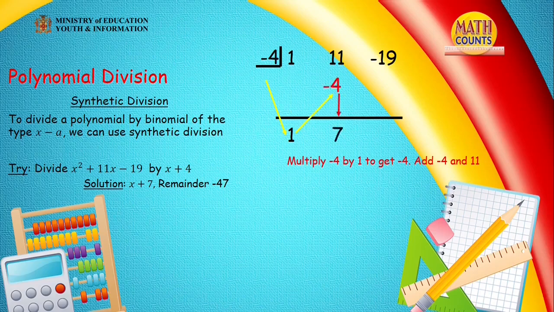And then we add negative 4 and 11 to get 7. Let's go through that again in case you missed it. Negative 4 multiplied by 1 gives us negative 4. We add negative 4 and 11 to get 7.